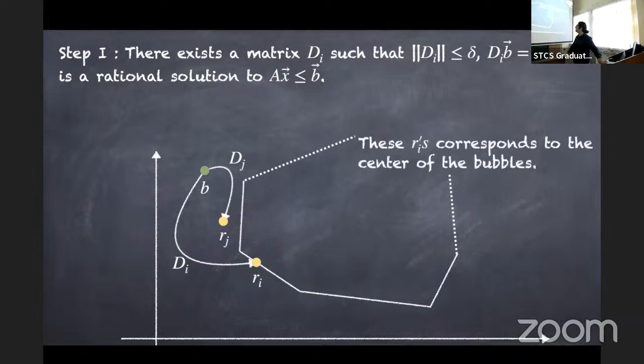Now once you have this rational solution, this Ri corresponds to the center of the bubbles that we saw before. For all these Di's you get a corresponding Ri, and these Ri's are the centers of the exponentially many bubbles that you saw.